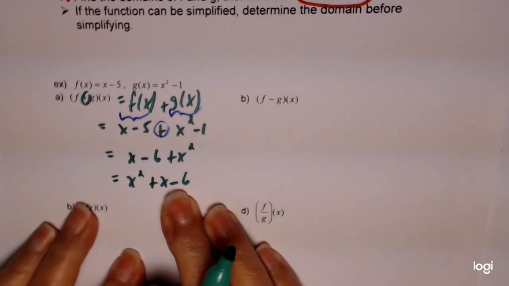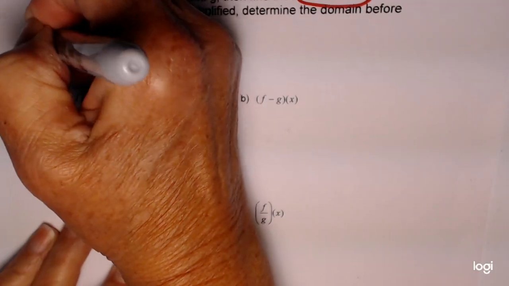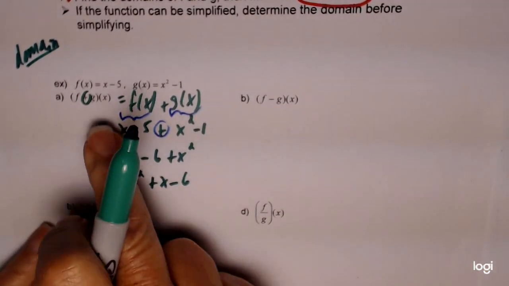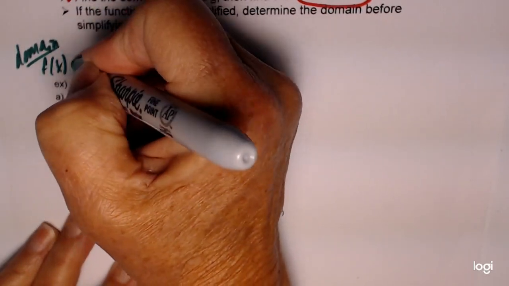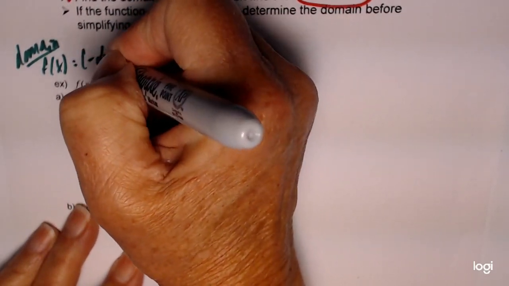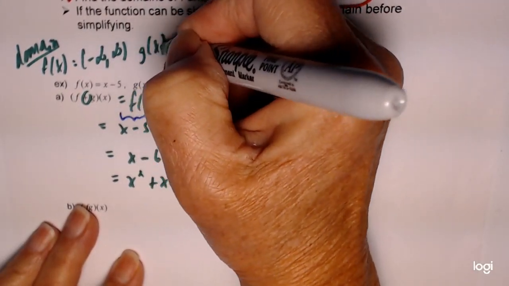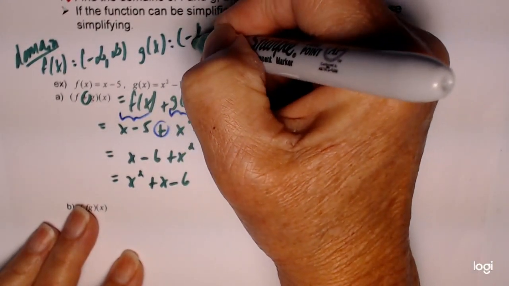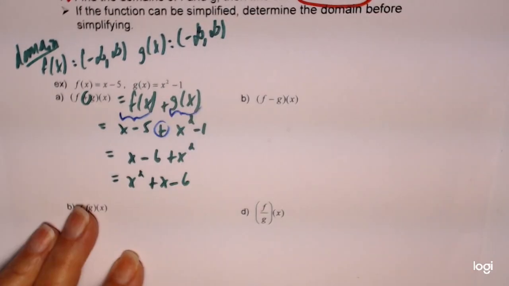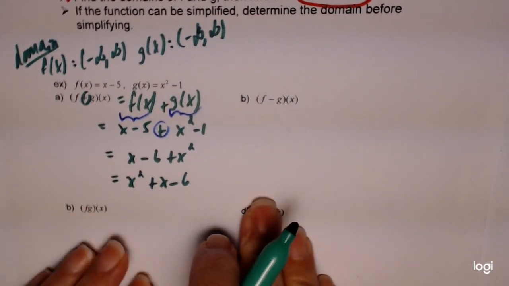Domain. Let's take a look at the domain here. The domain of f of x, x minus 5, is negative infinity to positive infinity. Straight line, no reason to kick anything out. g of x, the same deal. The domain is negative infinity to positive infinity. No need to kick anything out. Think of the graph of your parabola if that helps.